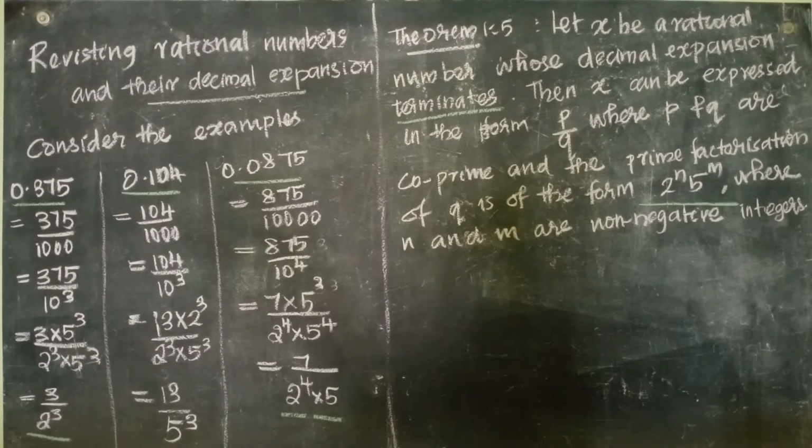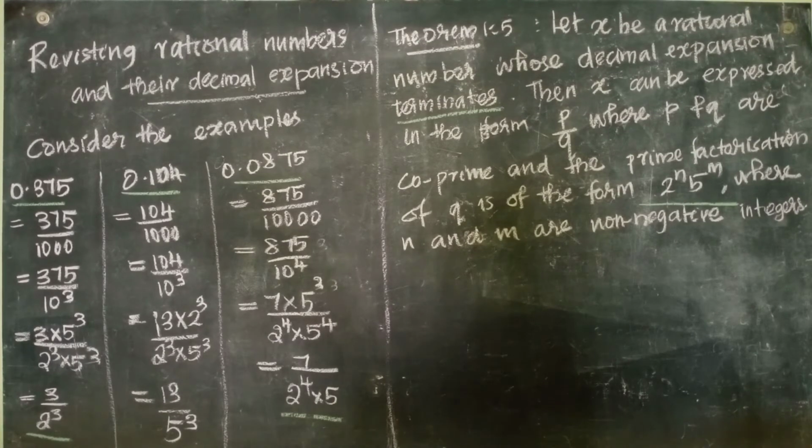Even though we have worked only a few examples, you can see that any real number which has a decimal expansion that terminates can be expressed as a rational number whose denominator is a power of 10, and the only prime factors of 10 are 2 and 5.